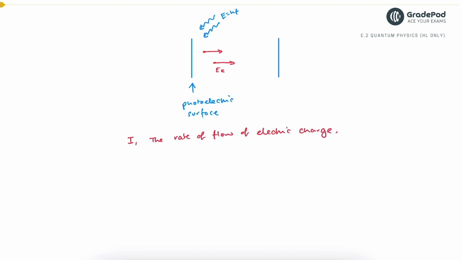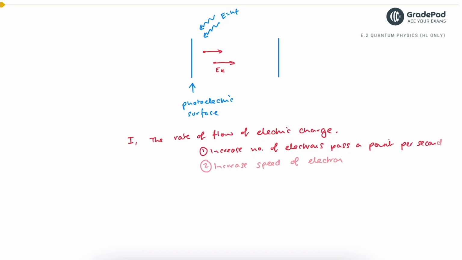So in this situation here, to increase the rate of flow of electric charge, we can do one of two things. We can increase the number of electrons that pass a point per second, or we can increase the speed of the electrons that pass the point per second.